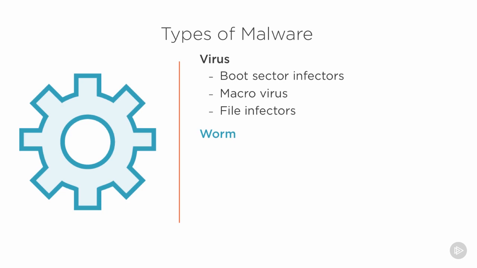A worm tends to spread on its own. It takes advantage of a hole, for example, or a vulnerability in an operating system or in an application. And the user doesn't need to do something to be infected with a worm. Quite simply, if they have that vulnerability, that worm can spread to their machine.